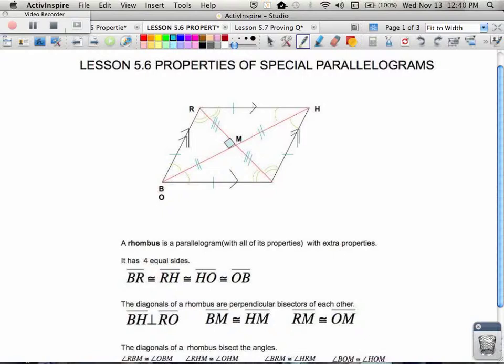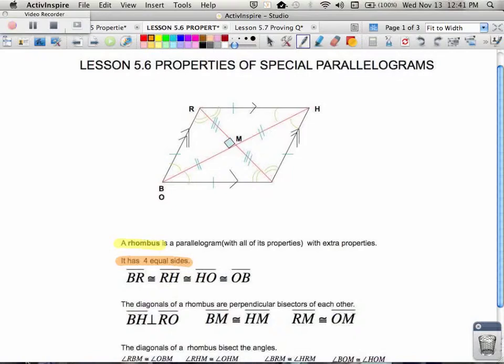So the first figure that I'm going to talk about is the rhombus. The rhombus, in addition to everything that a parallelogram has, has some additional features. So in addition to all the parallelogram things that are true, a rhombus also will have 4 equal sides.